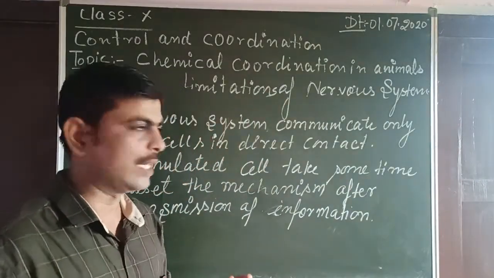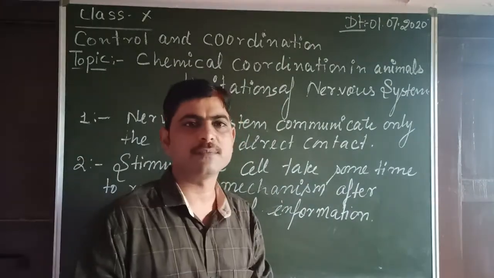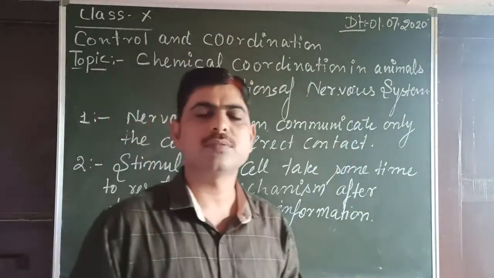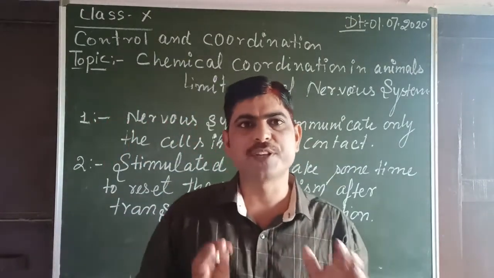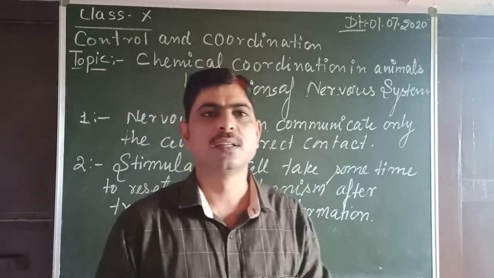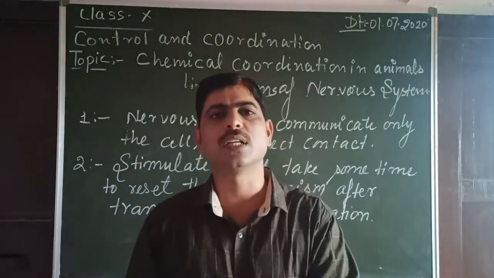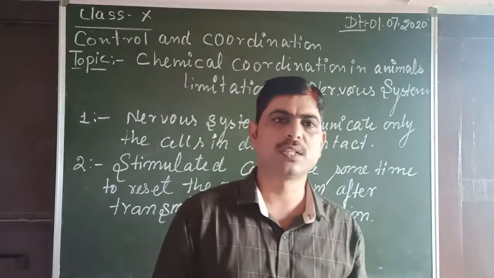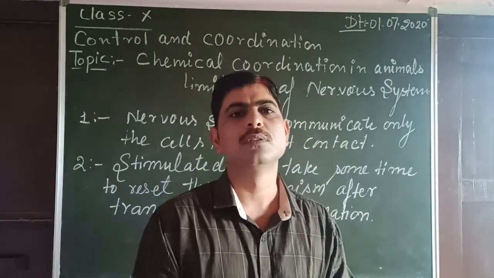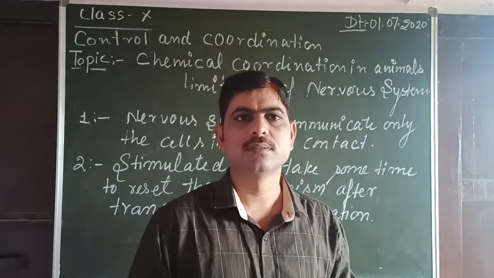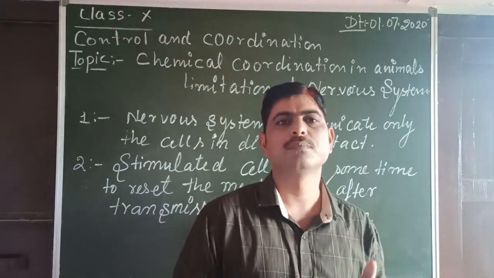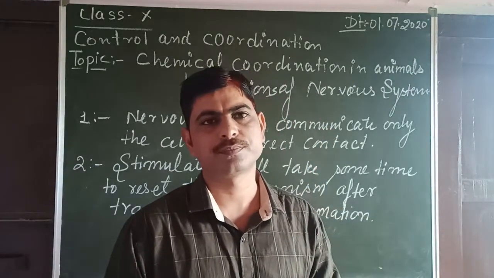I think this will become clear. In animals, communication is made by the nervous system from receptors to the central nervous system, and from the central nervous system back to effectors, and this transmission is very quick.